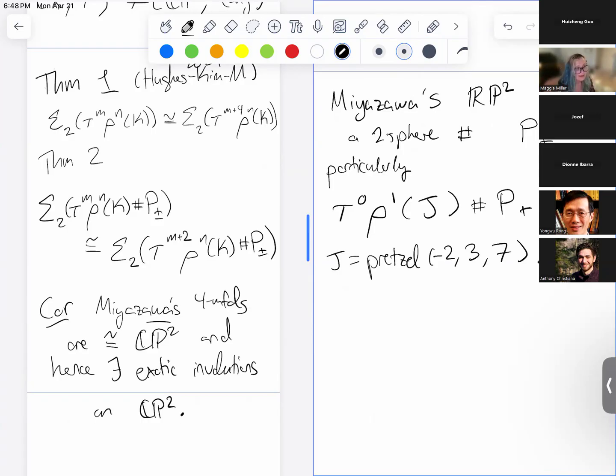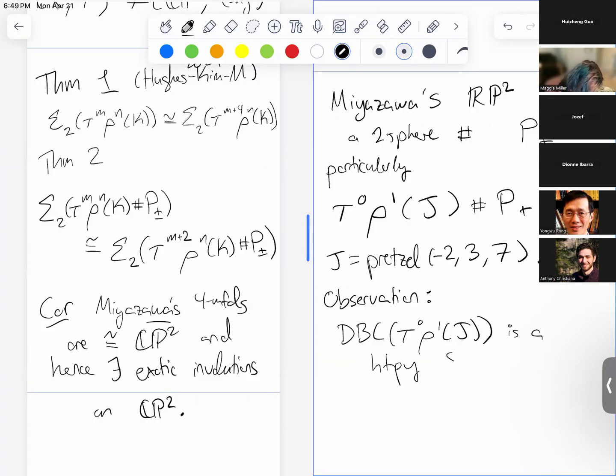Okay. In fact, I want to pose a question right here, because this already existed in the literature, but I wasn't aware of it until I read his paper. One observation in his paper is that for this particular two sphere, ignoring the RP2 part, if we take the double branched cover of just this two sphere, then this is a homotopy four sphere.